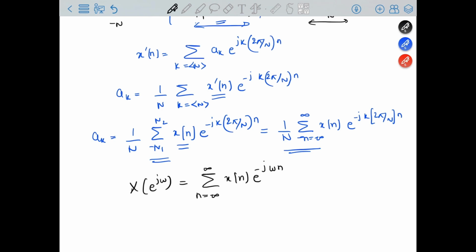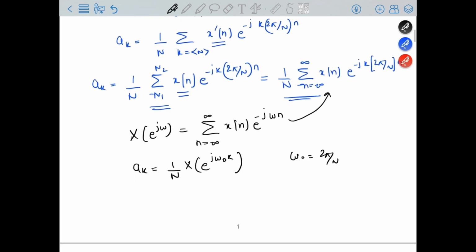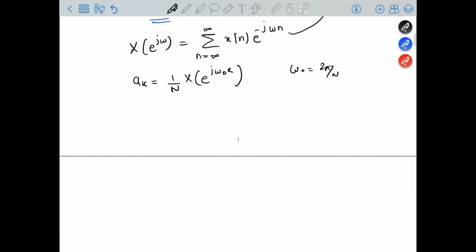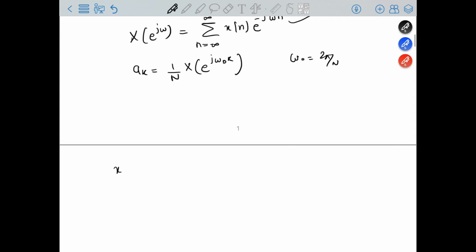So here what we have done, ak can be represented as, if we replace this in this, we'll get ak as 1 over N times X of e raised to the power j omega naught k, and here omega naught is given by 2 pi by N. So now how can we write x tilde n?